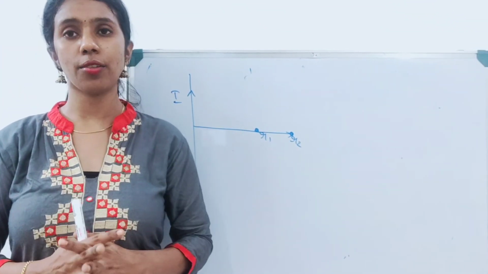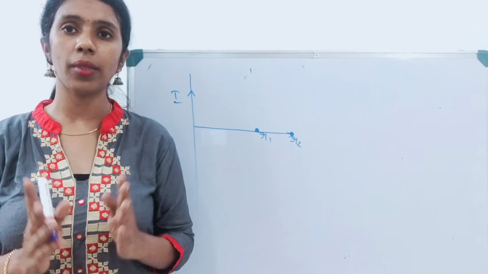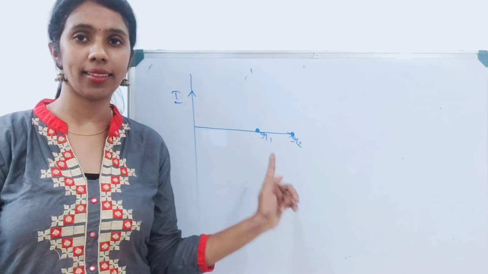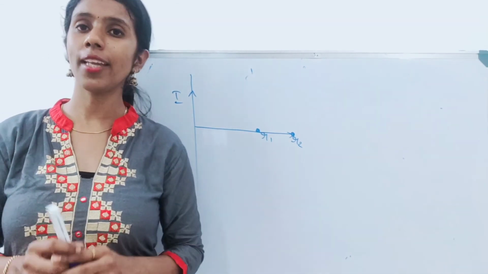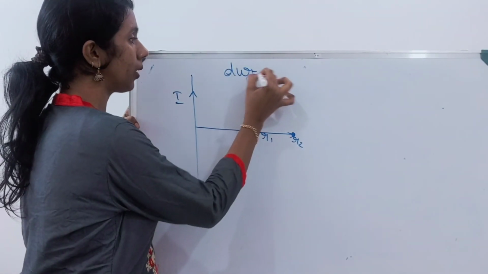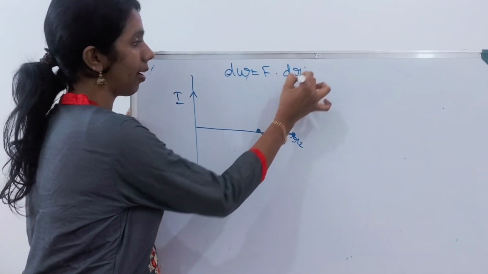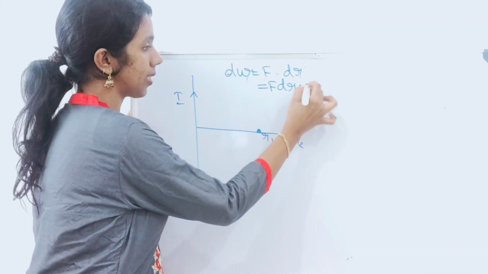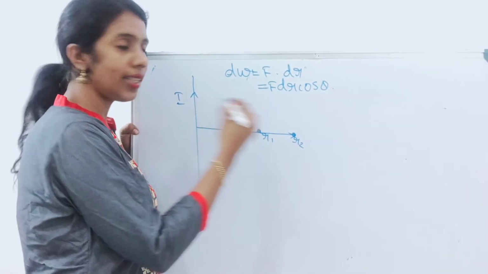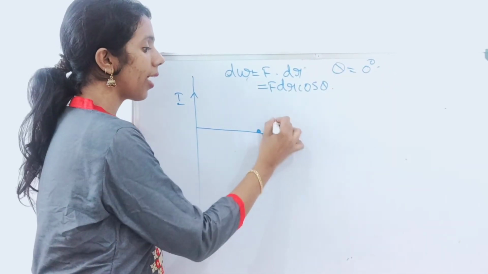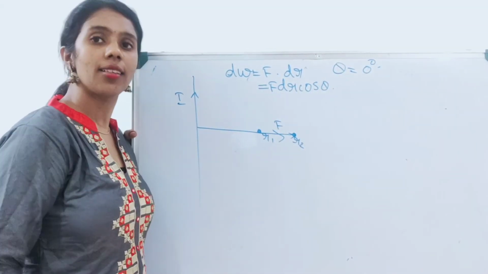The third part is to find the work done in order to move a charge q from r1 to r2, where r2 is greater than r1. So according to the equation of work done, dW is equal to F dot dr, or I can write this as F dr cos theta. Here theta is equal to 0 degree, the angle between F and dr is 0 degree.